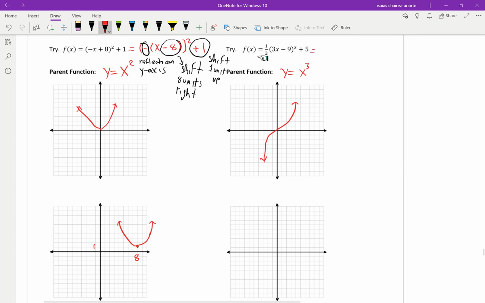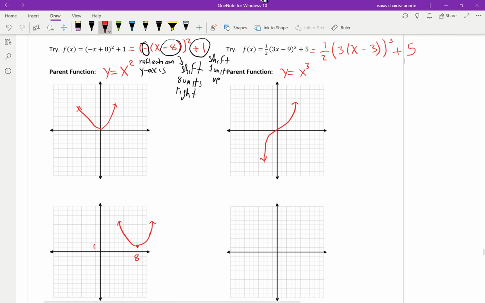In this case, I'm going to have 1/2 times (x minus 3) to the third power, plus 5. So notice what I did there: I factored out the 3 from both of these two terms.